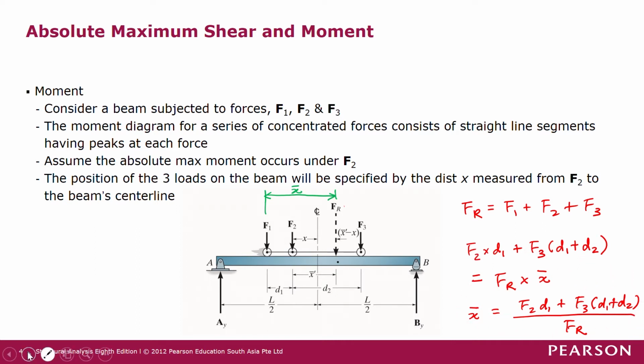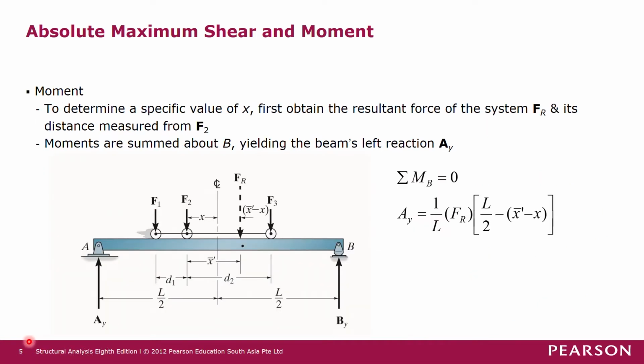Next we'll see what happens to the moment. Before you can calculate the moment, we have to determine the reactions. In this case we are going to determine the reaction AY due to this arrangement of load. We assume that the absolute maximum moment will occur underneath F2.